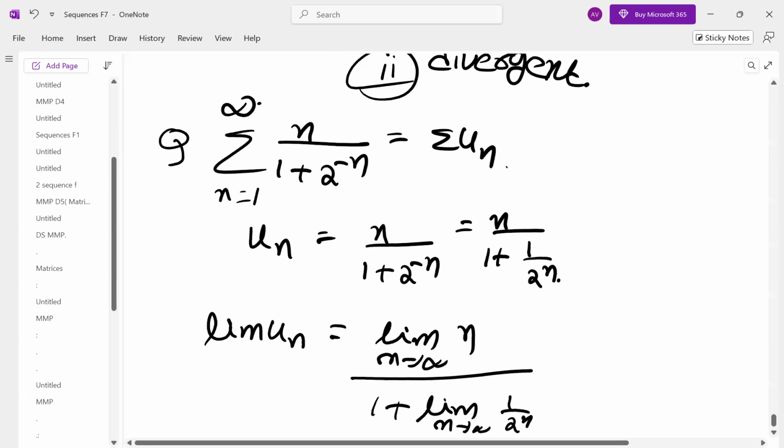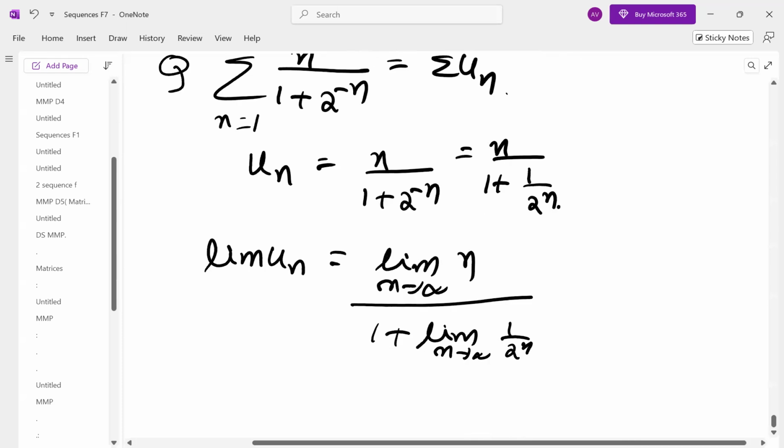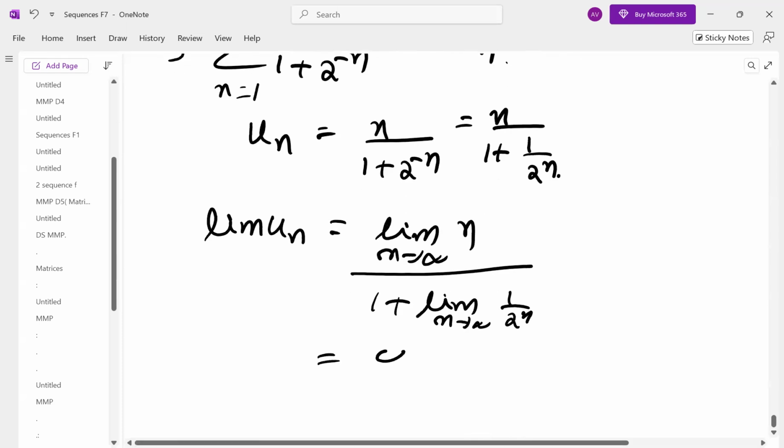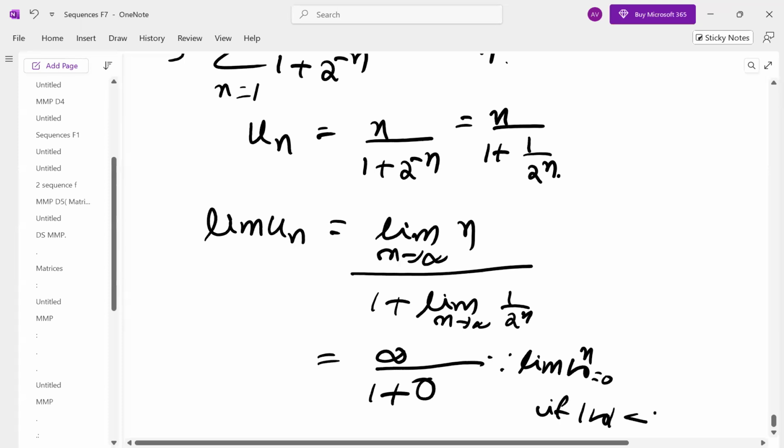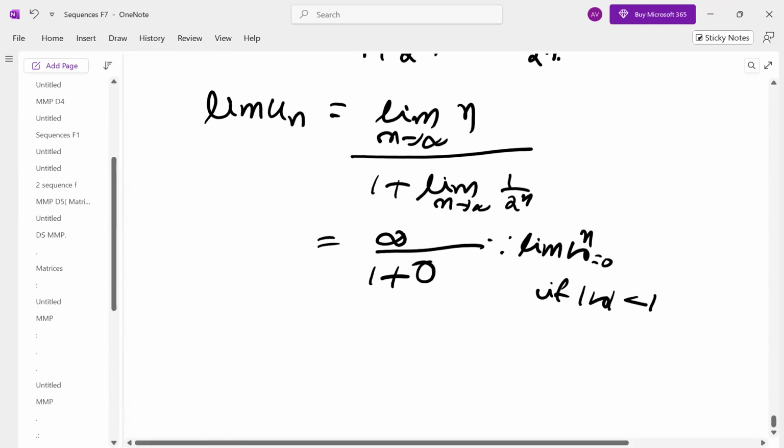Here there is no n in the numerator, so it is itself, which is infinity. 1 plus limit of 1 by 2 power n is 0 because limit r power n is 0 if mod r is less than 1. So here r is 1 by 2, so mod 1 by 2 is less than 1.